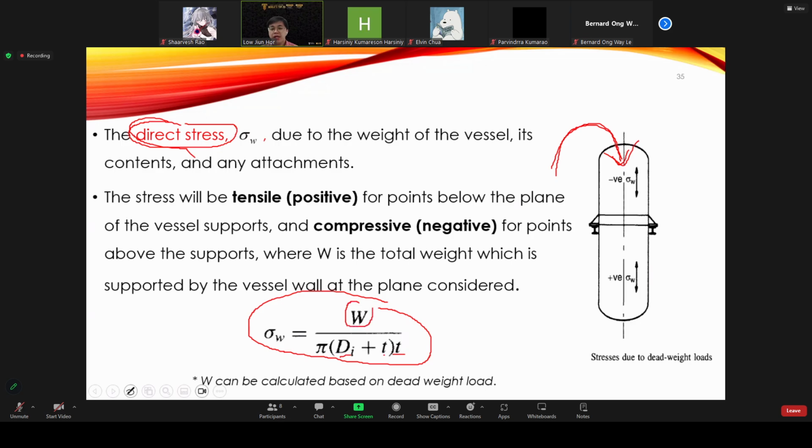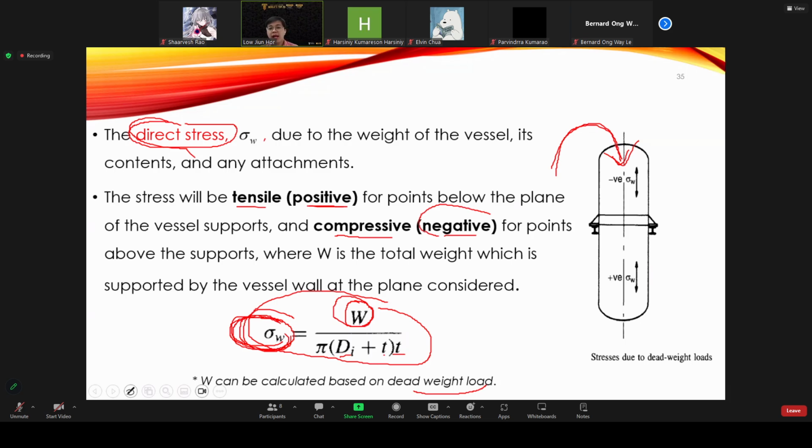The W here is known as the dead weight load, which can be calculated using the equation that I'm going to show you later. The direct stress can be a positive or negative value. If it is a tensile stress, then it is a positive value. If it is a compressive stress, then it is a negative value.